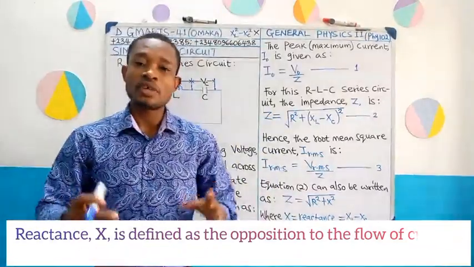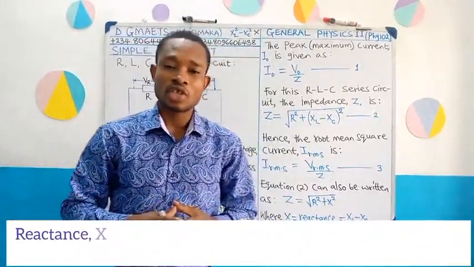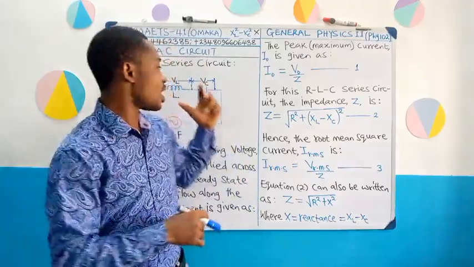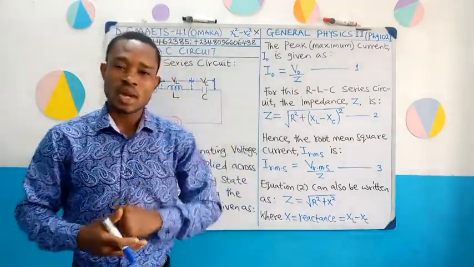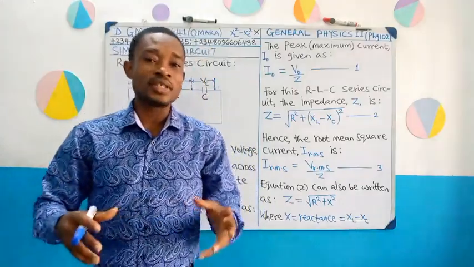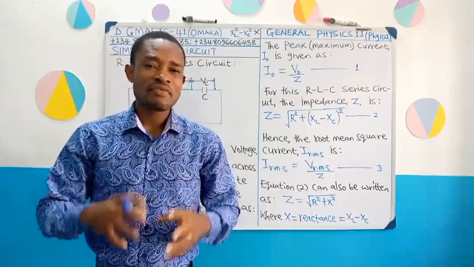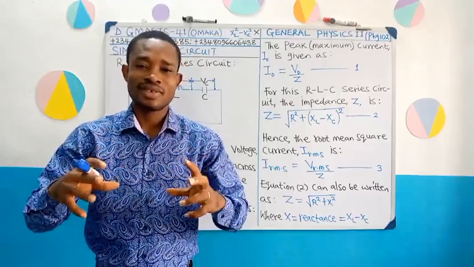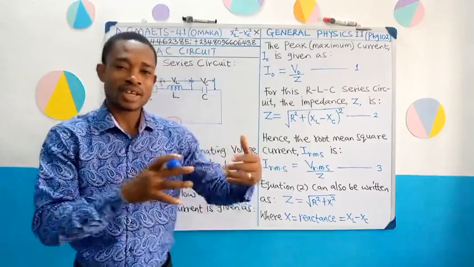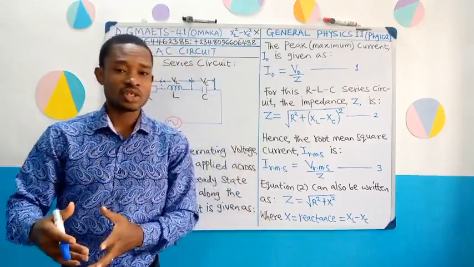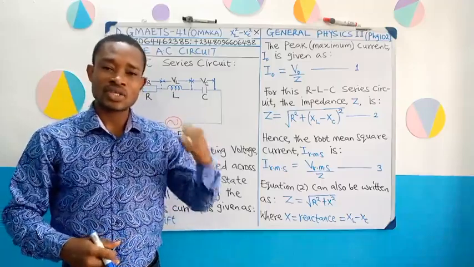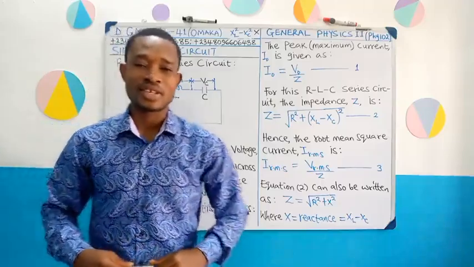Let us now consider the voltage across each of these elements here, and as well define our impedance as well as reactance. Then we'll consider the phase difference between the current and the voltage in this RLC series AC circuit.